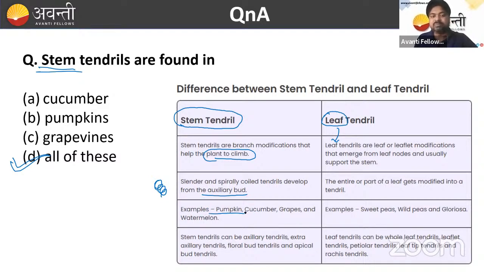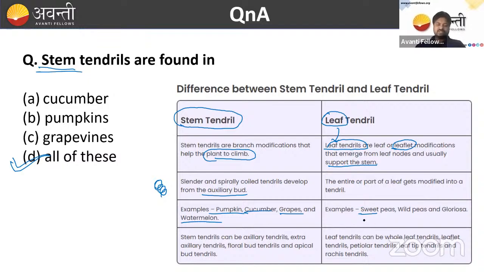The examples are pumpkin, cucumber, grapes, and watermelon. Stem tendrils can be axillary tendrils or extra-axillary tendrils. Likewise, a leaf tendril is made from a modification of the leaf portion, actually the leaf or leaflet, and it supports the stem. The examples are sweet peas and wild peas.